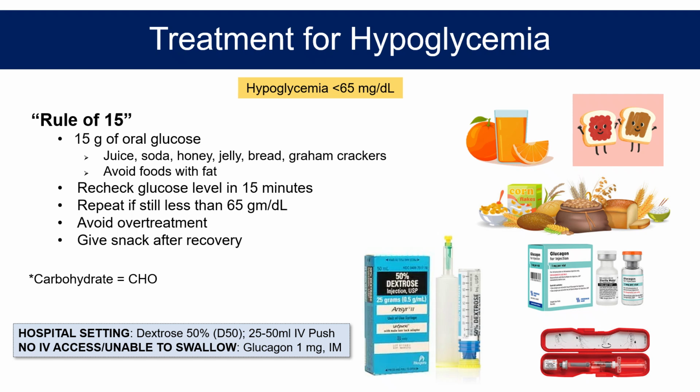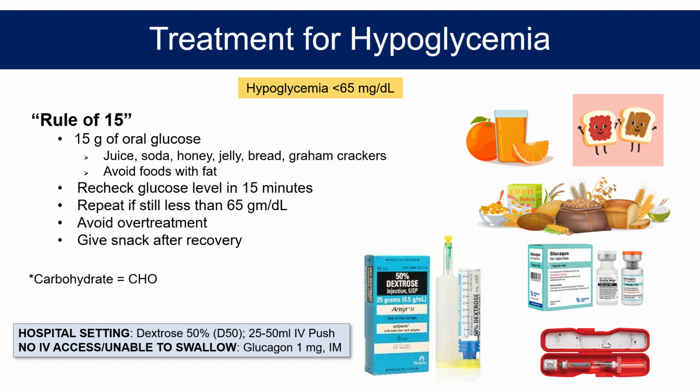Now, if they're in the hospital setting and they don't have IV access or they're not able to swallow, because remember, when you're hypoglycemic, you will eventually become lethargic and you can slip into a coma. So if that's what's happening and you're not able to administer anything through the IV route or the oral route, then we have glucagon as an option.